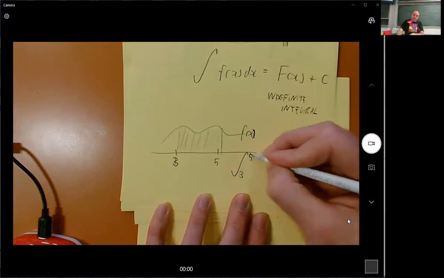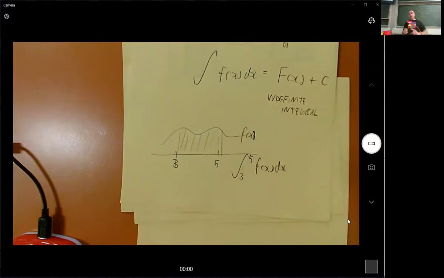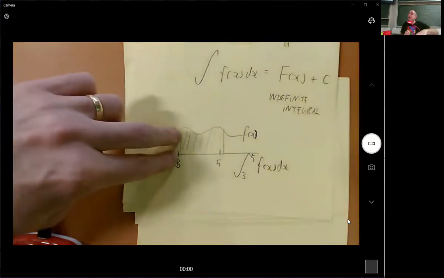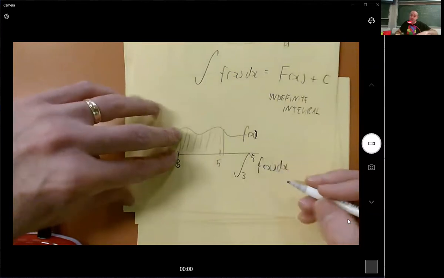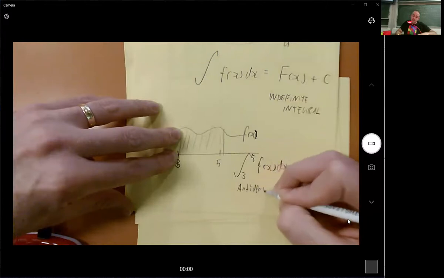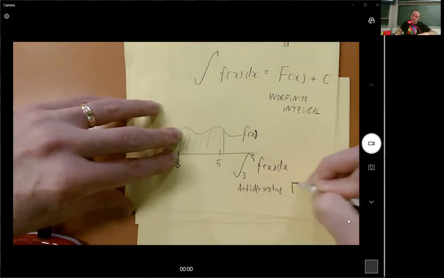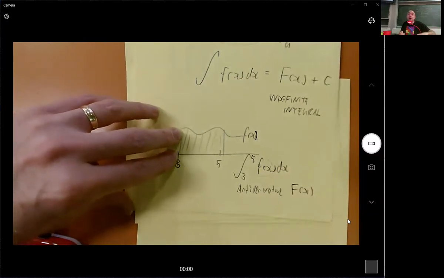The integral from 3 to 5 of f of x dx. I know that the running total area function, starting at 3, for example, will be an antiderivative of this. So if I find an antiderivative, which I shall call capital F, I know that my antiderivatives in general are all running total area functions.